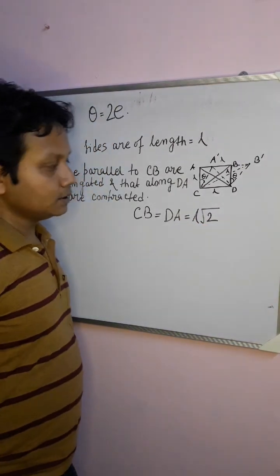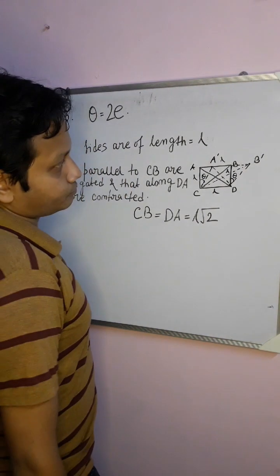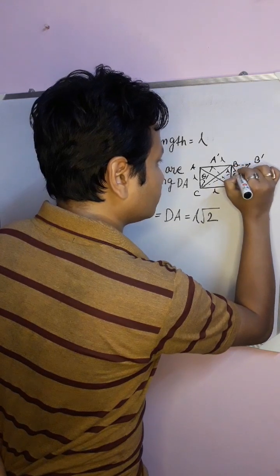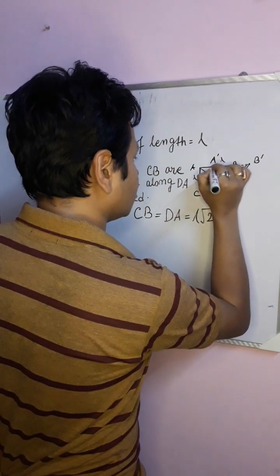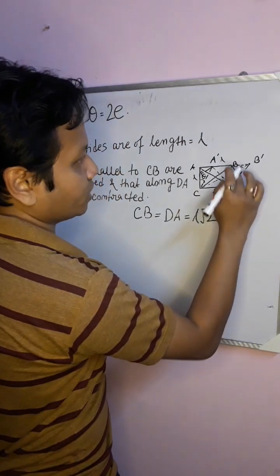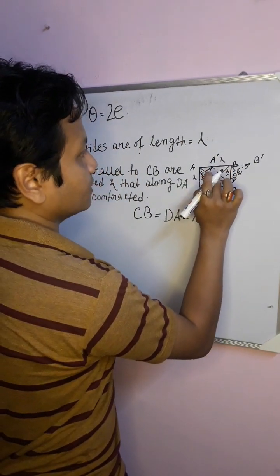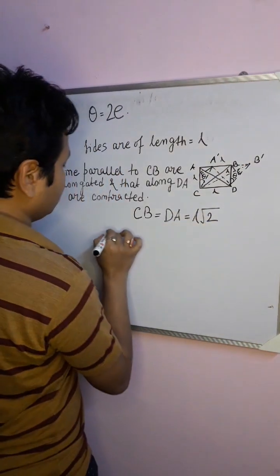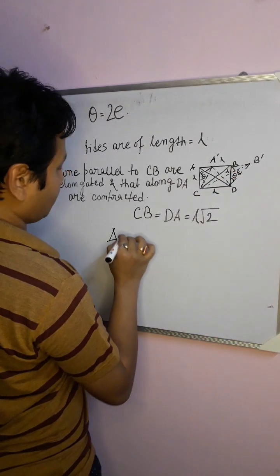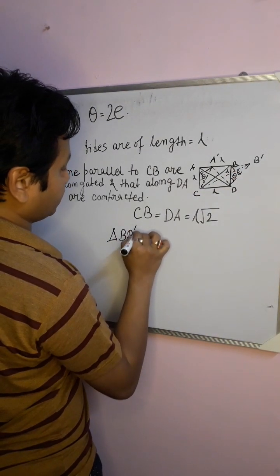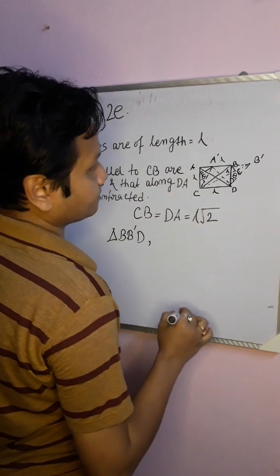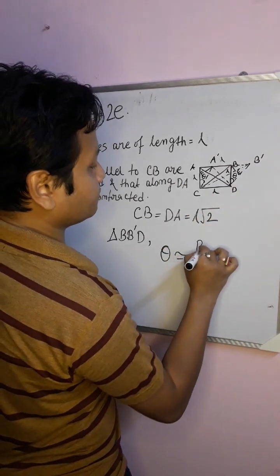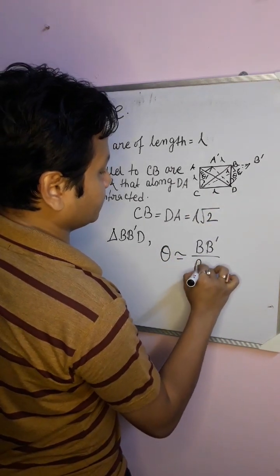Now we draw perpendiculars, BE and A dash F, on E and F. Just take these sides. So if we take this triangle, that is B dash B, then from which we can get theta, this equals perpendicular by base, that means BB dash by BD.